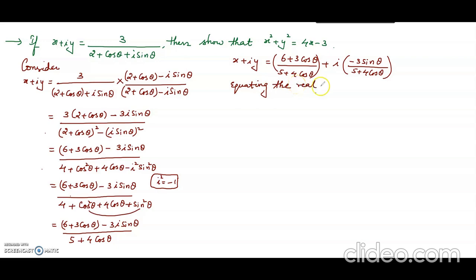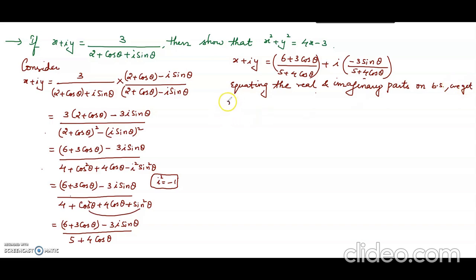Equating the real and the imaginary parts on both sides, what do we get?